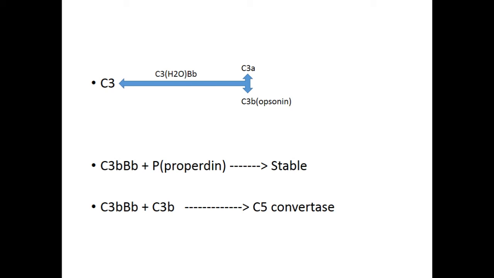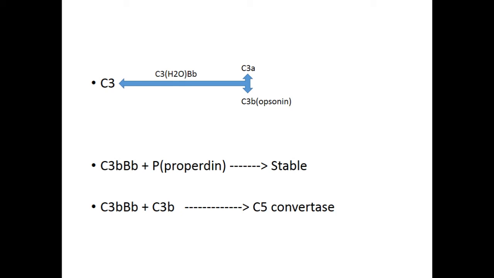Now the C3bBb that I have told is the C3 convertase. It will bind with protein P, another protein in the alternative pathway, also called properdin, and then it will stabilize. This properdin will stabilize the C3 convertase. Actually, this alternative pathway was previously known as the properdin pathway because of this.